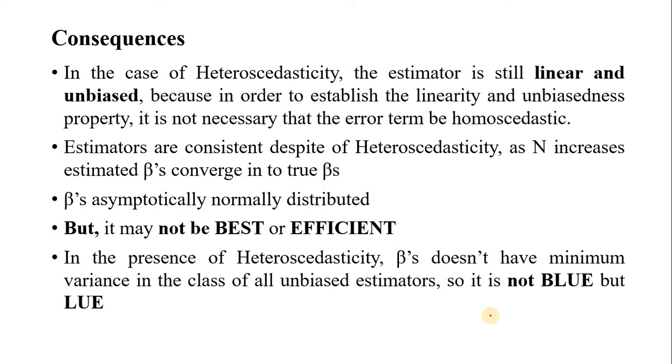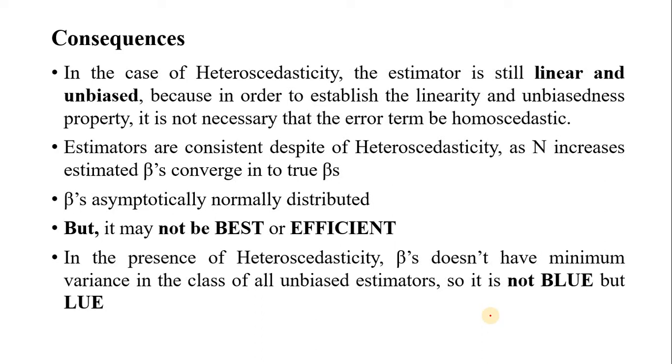Then if there is a problem of heteroscedasticity, how will it affect our regression results or regression models? In the case of heteroscedasticity, the estimator is still linear and unbiased. If you look at the properties of OLS, even with heteroscedasticity the model will be linear and the results will be unbiased, because to establish linearity as well as unbiasedness, we don't need homoscedastic errors.